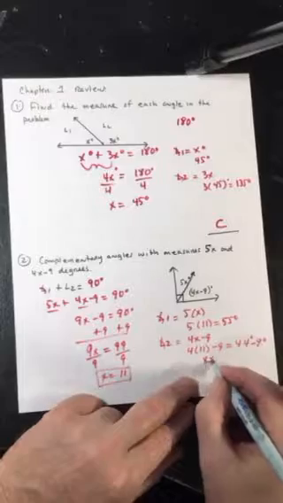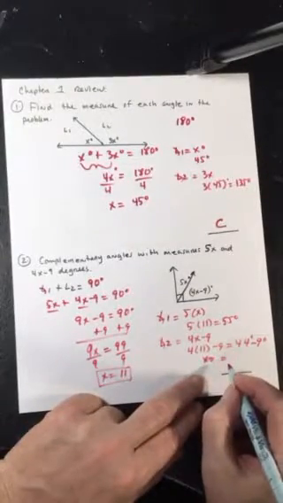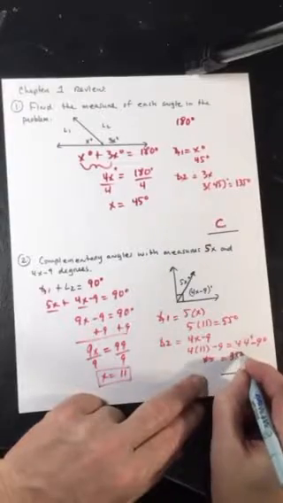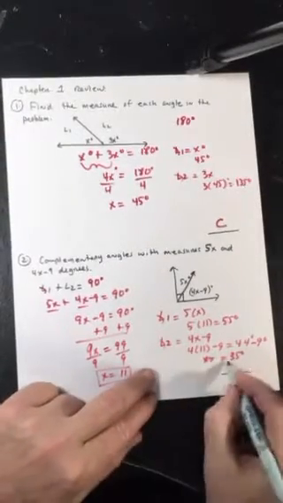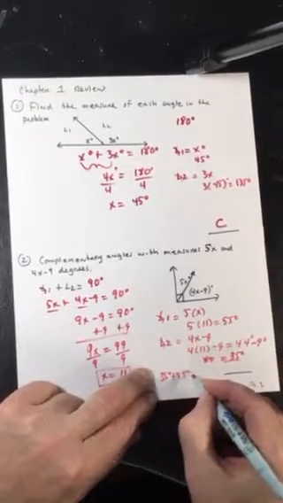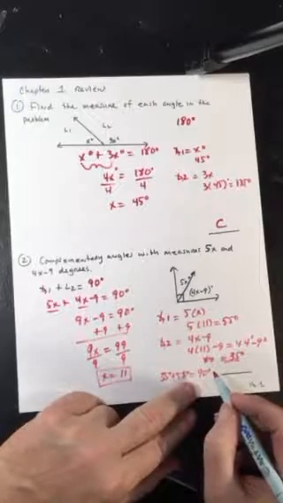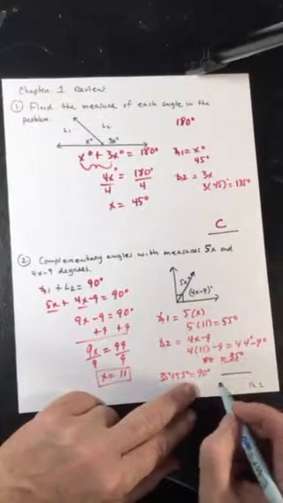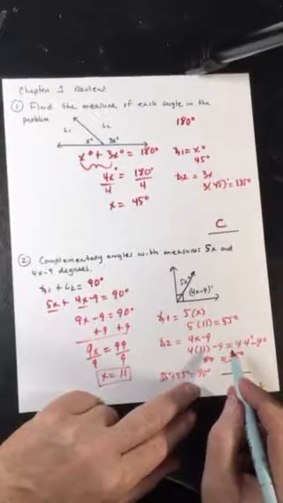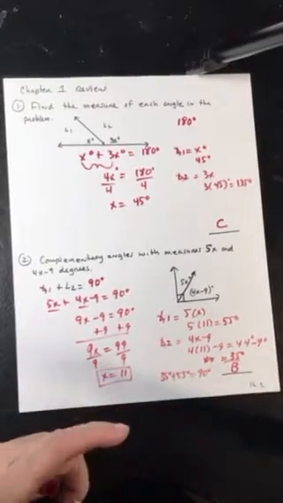So, not x, but our angle is going to be 35 degrees. If we add those two, 35 degrees plus 55 degrees, they should equal 90, and they do. So looking back at the test, the answer for number 2 is 35 and 55, which is B.